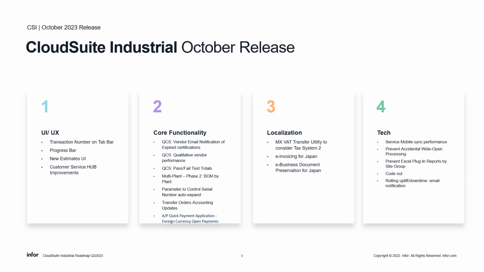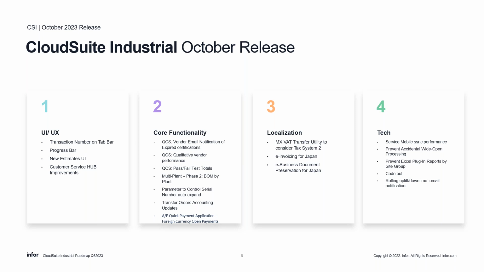Phase 2, for the ability to handle bill of material by plant, will be restricted for October, but it is coming in October, and for customers to be able to touch that functionality, they would need to be part of our beta program. But if that's something that you're interested in, you can speak to myself and we can talk a little bit more about that. But it is something that we're building out, and it's a multi-phase project. Phase 2 is coming in October.